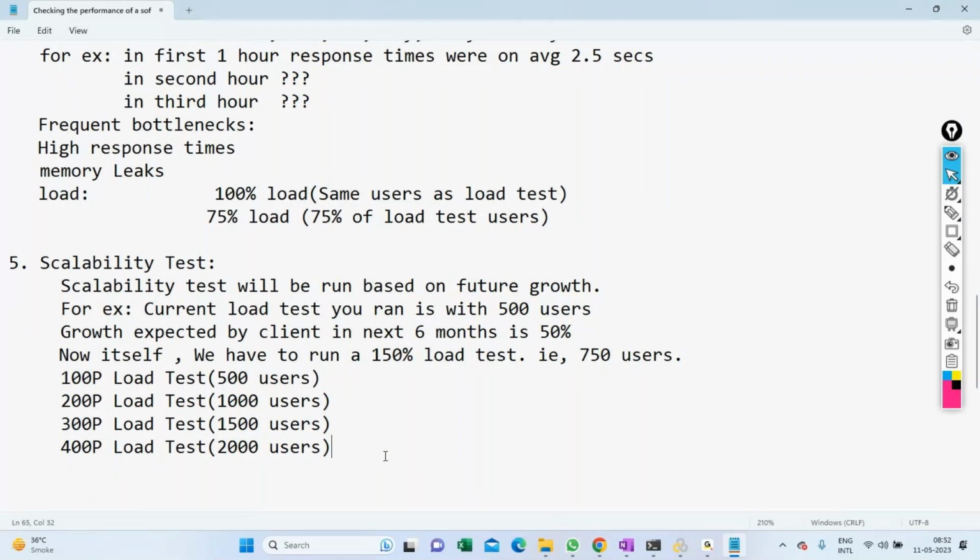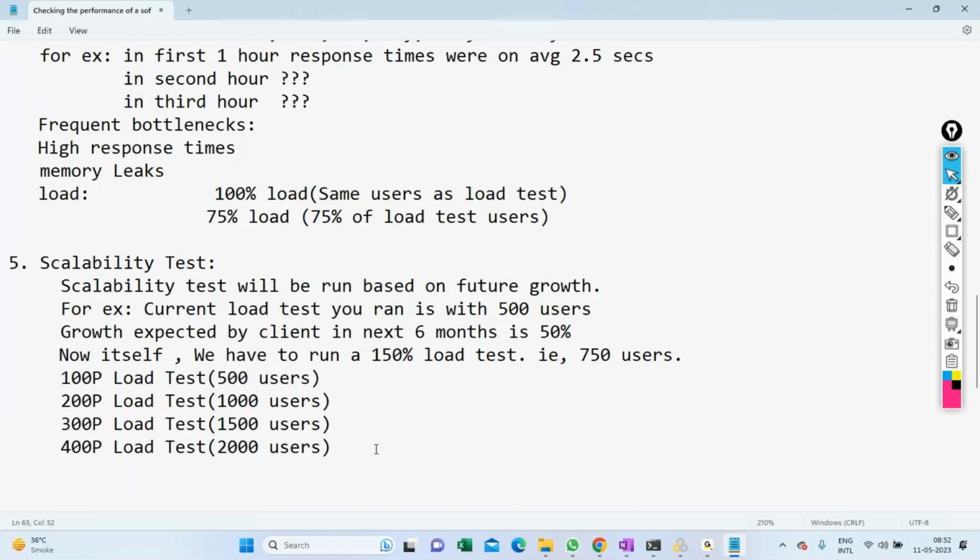The only thing they can do is increase the infrastructure, or they can add multiple servers, what we call scale out. The term we use is scale out.